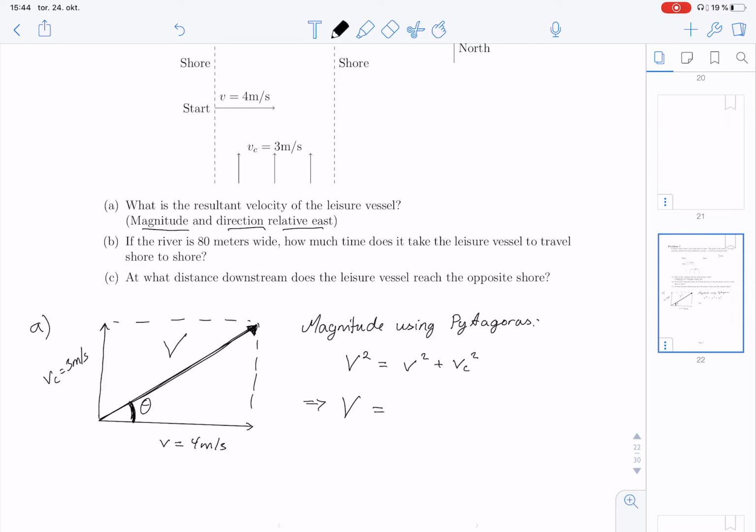So V would be the square root of those. And we could insert them: 4 squared plus 3 squared, which will give us 5.